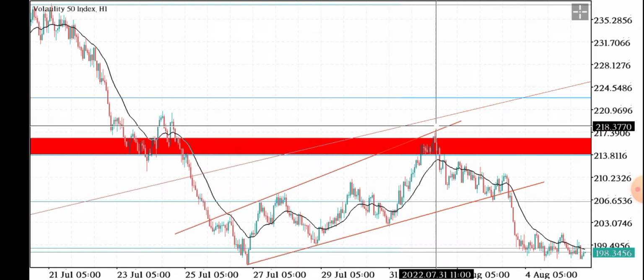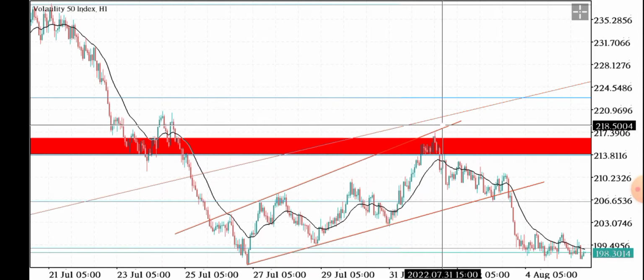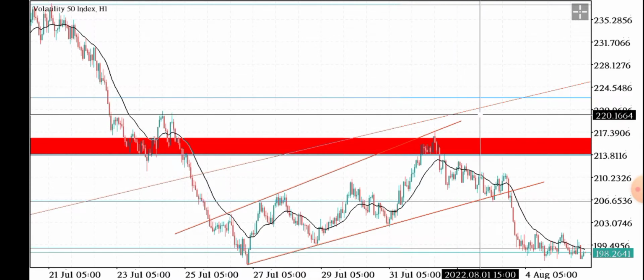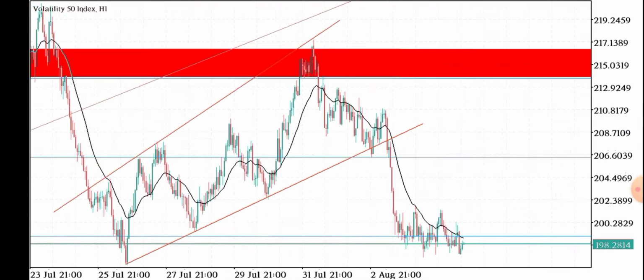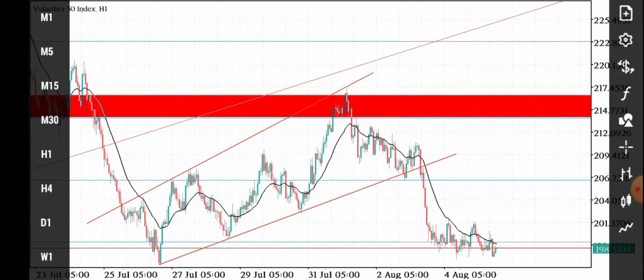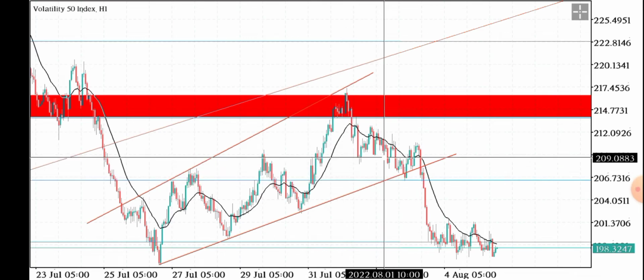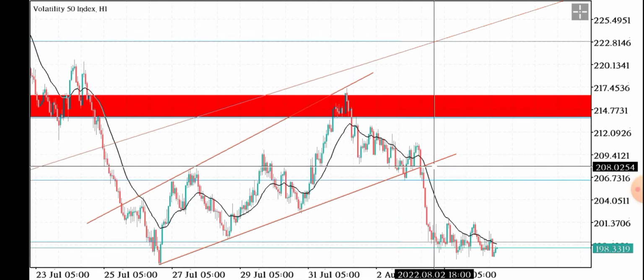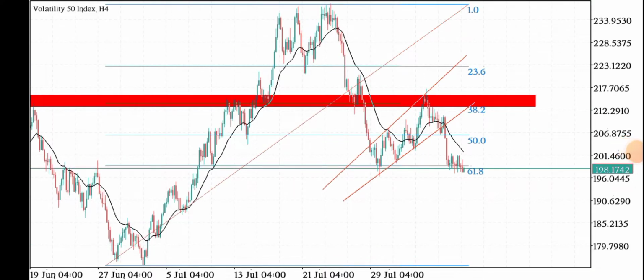We should be expecting a breakout out of this consolidation phase. Let me show you guys here. I said that we should be looking for a sell at the break of this trend line here. So it's very simple and basic.